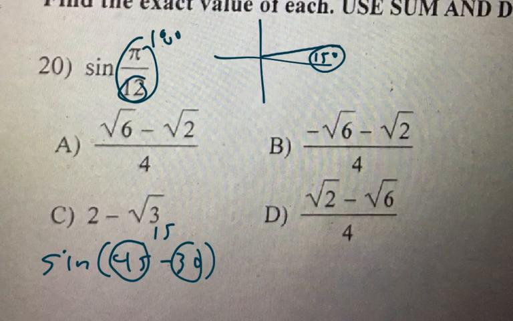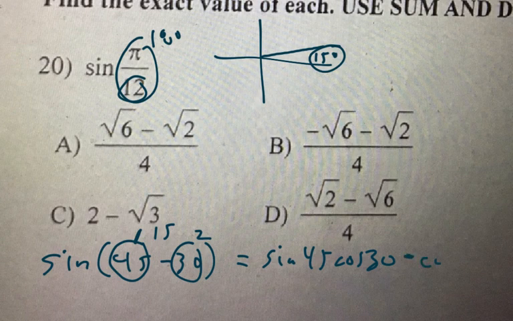So we're going to take the sine of 45 times the cosine of the 30. See, first and then second one, right? And then we're supposed to minus cosine of the first one, sine of the second one. So hopefully you can see that sine 30 right there.